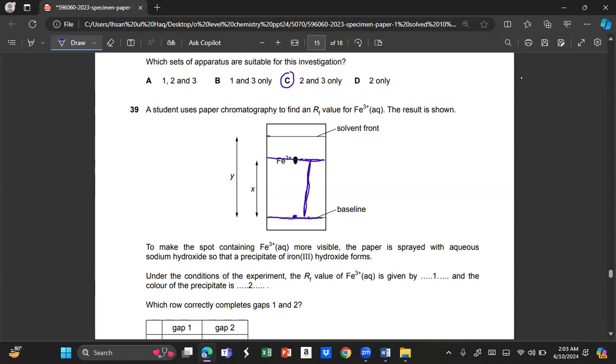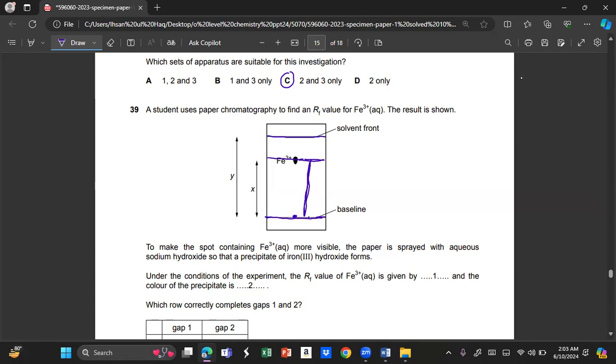And this is the distance traveled by the solvent. Both the solute and solvent distances will be taken from the same point. The distance of color Fe positive 3 as well as the solvent front will be taken from the baseline. Keep in mind, here the student makes a mistake.